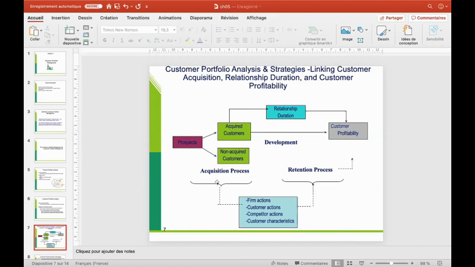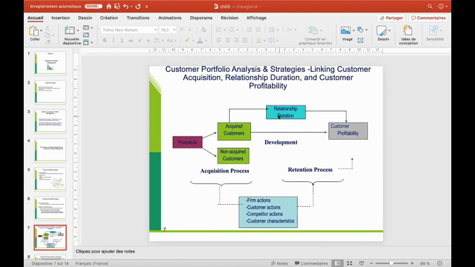After the acquisition process, it starts the retention process. So the idea is to develop these customers to develop higher customer profitability through longer relationships, but also through basket development, so the customers buy more, through frequency development.